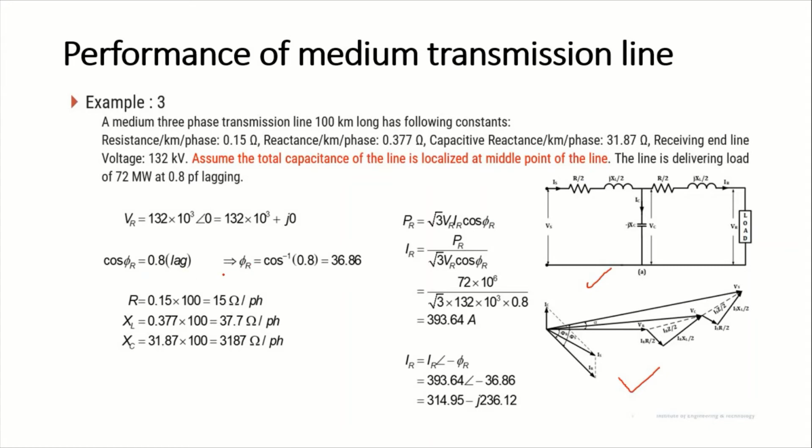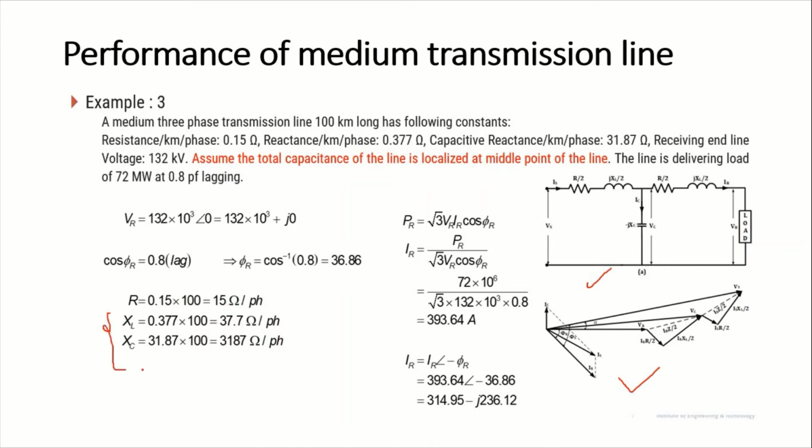So phi R is equal to cos inverse 0.8, which is equal to 36.86 degrees. Now the resistance is given per kilometer per phase, but we have to find the resistance per phase, so multiply this value with the length of the transmission line, 100 kilometer. So R per phase is 0.15 into 100, equal to 15 ohm per phase.